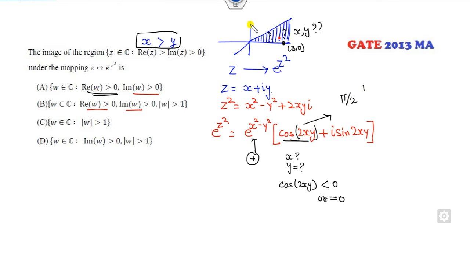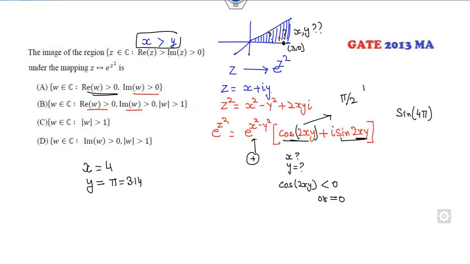Okay, fine. If I choose x as 2, what should be the y so that this value will be 0? X is 2, it's 4. So sine of 4 will be 0 only if you multiply this by pi. But pi is 3.14. It is not satisfied. So I can choose this number to be more than this.